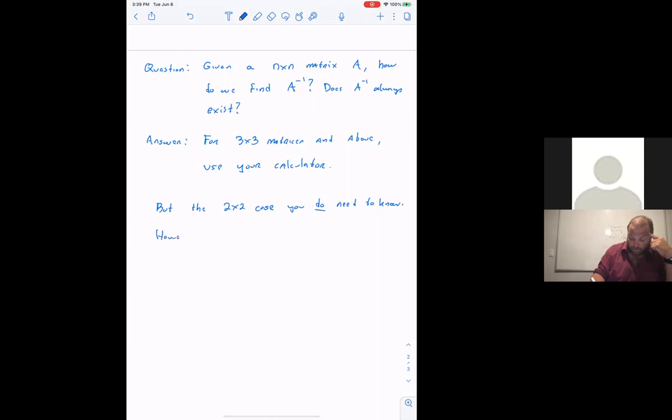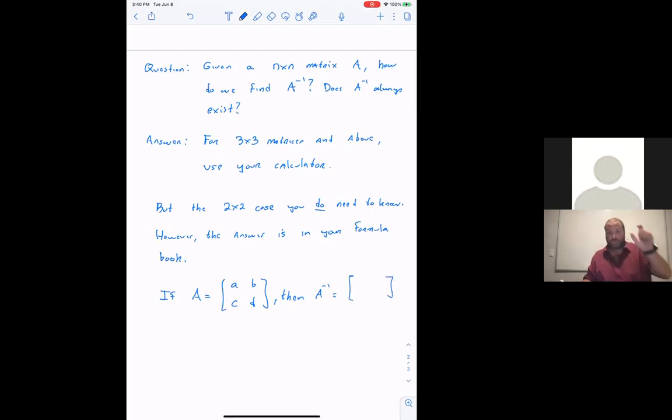However, the answer is in your formula book. So what is the answer? If A is the 2 by 2 matrix a, b, c, d, then A inverse is the following. You take those two numbers in the top left and the bottom right, we call it the main diagonal, and you flip them.